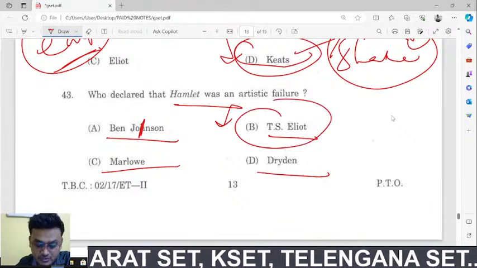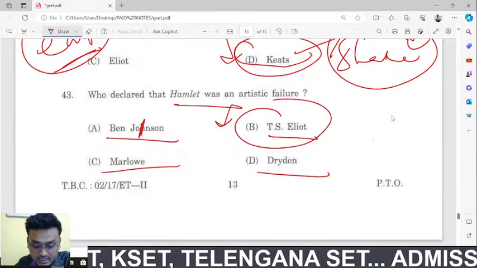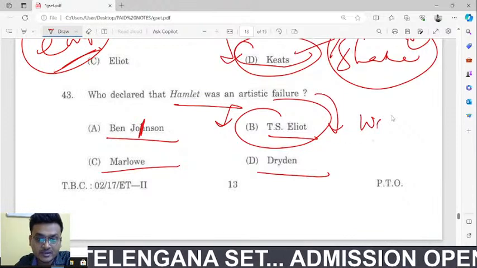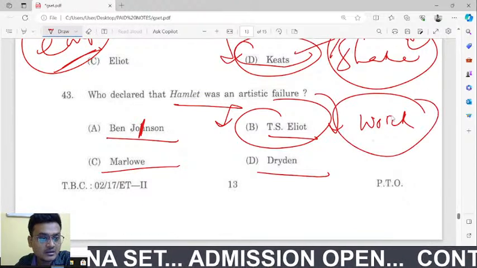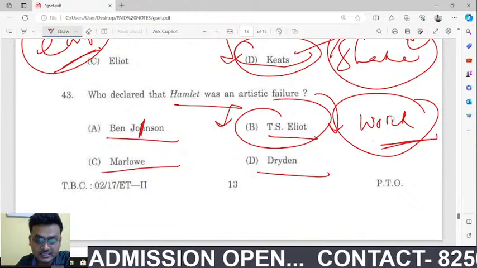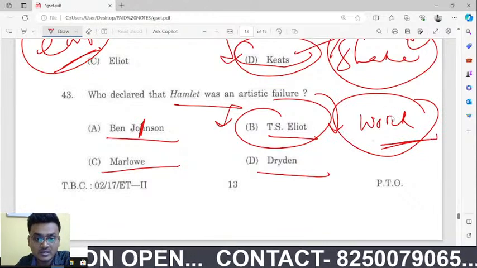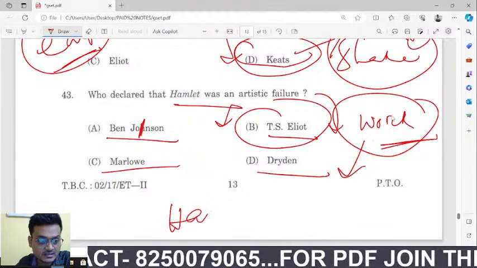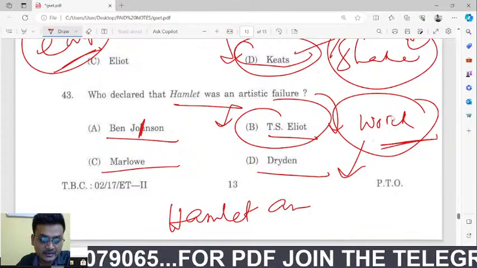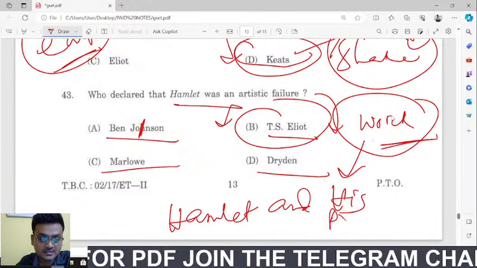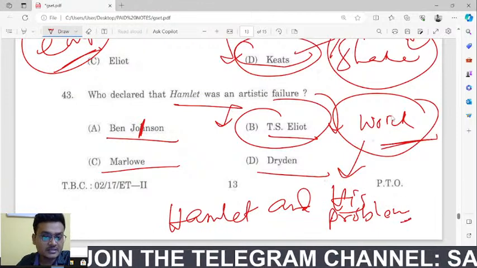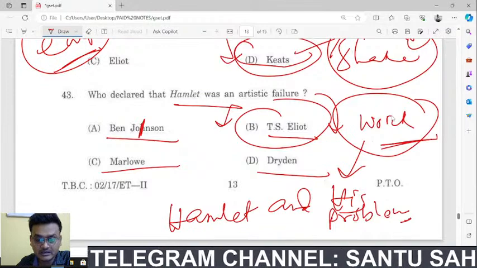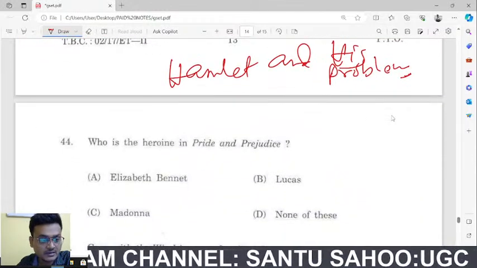T.S. Eliot, excellent, Pramod, Tahida. In which work? Name the work where T.S. Eliot has declared Hamlet an artistic failure. It's Hamlet and His Problems. That is the name of the work where T.S. Eliot declared Hamlet an artistic failure.